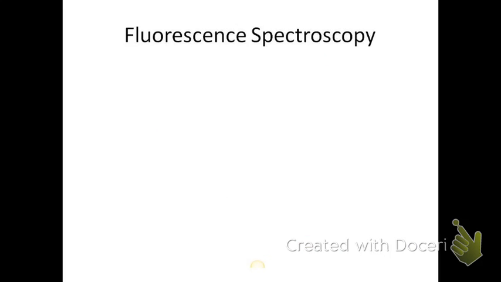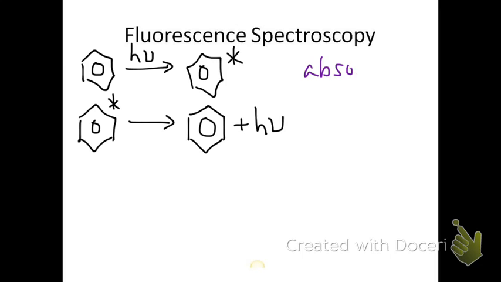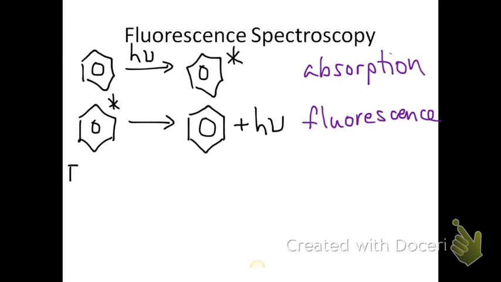Fluorescence spectroscopy is another technique that is commonly used to investigate physical and chemical properties of molecules. Fluorescence is initiated by the absorption of a photon, as discussed before, which is followed by the emission of a photon. So an excited benzene emits a photon to return to its ground state, and we can measure the light that is emitted, which is called fluorescence.